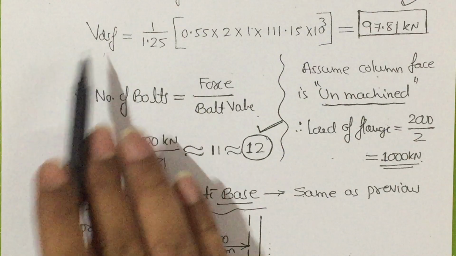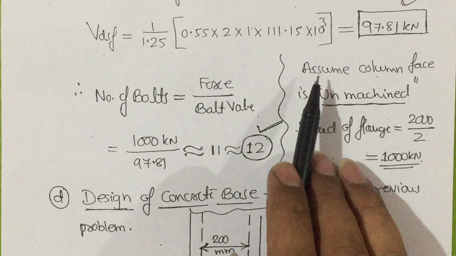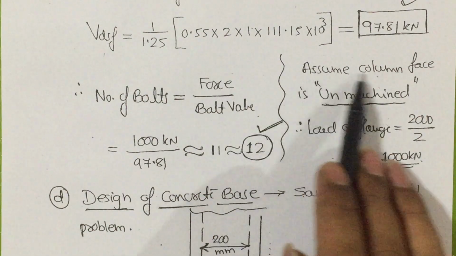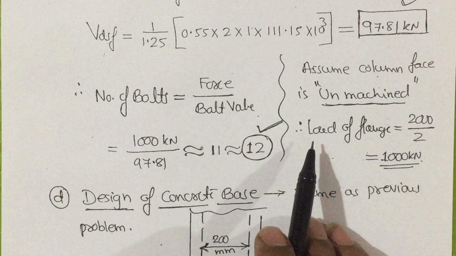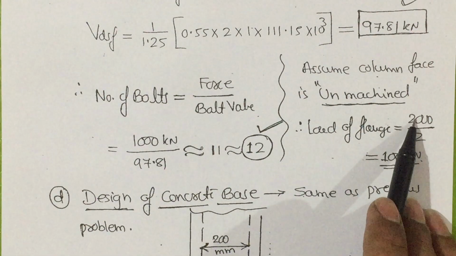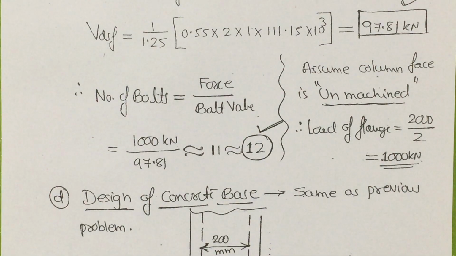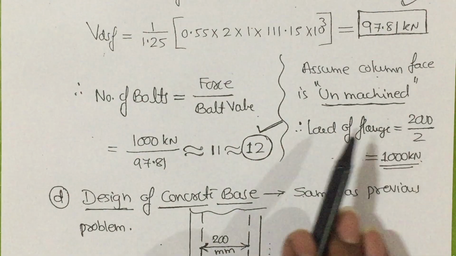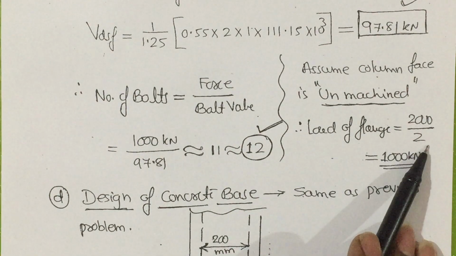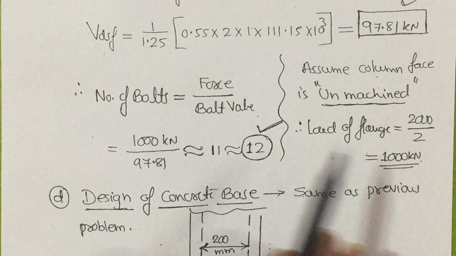Once you get VDSF, before going to that, assume the column base is unmachined. If we assume this, the load on the flange is given by 2000 divided by 2. 2000 is the factored load, therefore the load on the flange is the factored load divided by 2, you will get 1000 kilonewton.